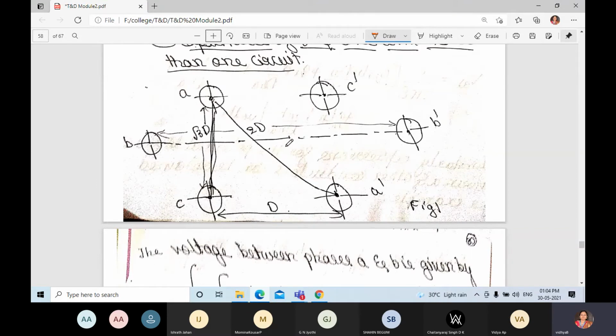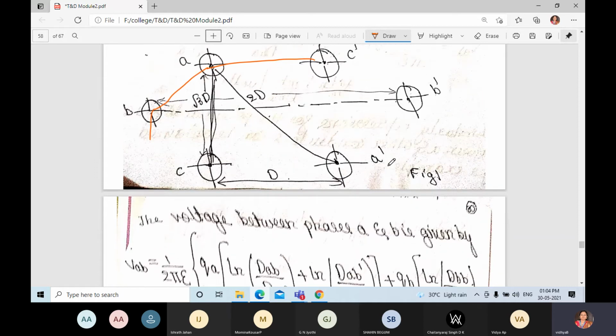This completes the second module if I finish this topic. This is the first circuit and this is the second circuit. The spacing you can see here is similar: the distance between A and B, between B and C, and between C and A dash. The distance between the conductors is symmetrical.